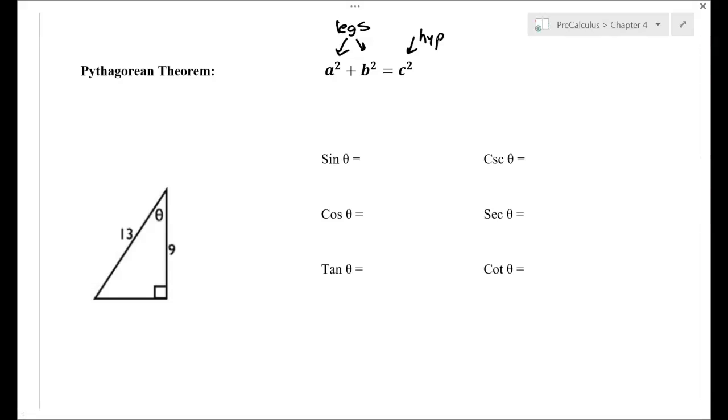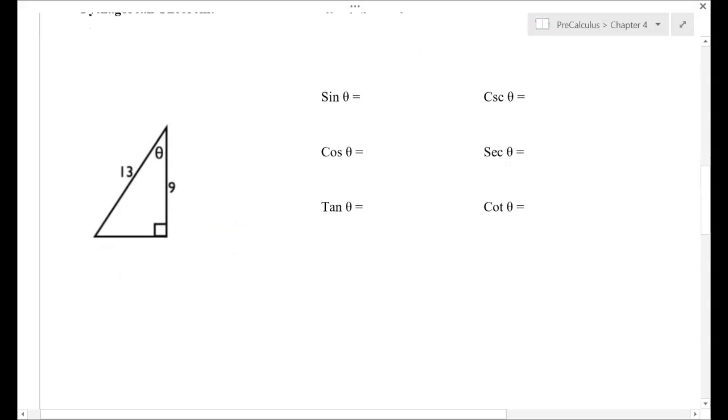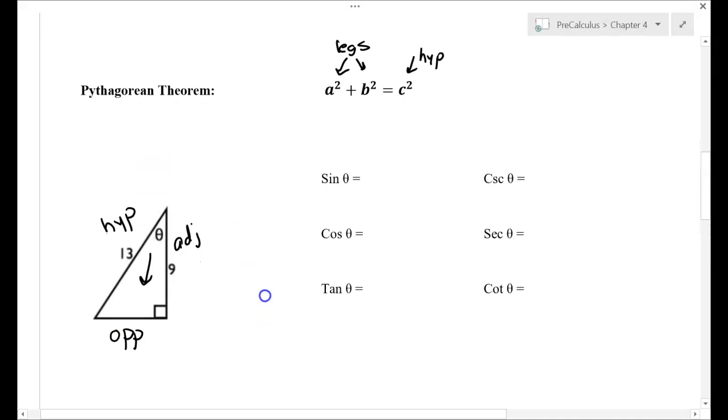And that's going to allow us to do problems like this one, where all they've given us is 2 of the sides. Here's theta, and then the 9 touches the 90 and the theta, so the 9 is the adjacent side. The 13 is opposite the right angle, that's the hypotenuse. And then what's left is opposite. And as you can see, it's on the opposite side of the triangle from the theta.